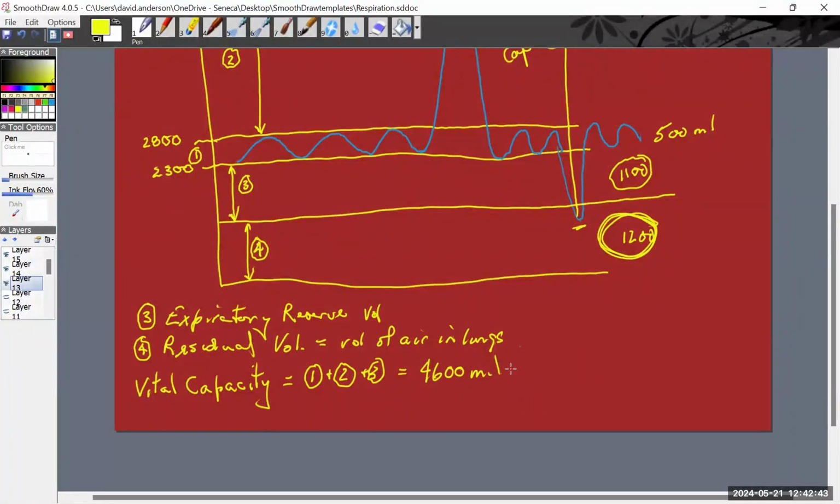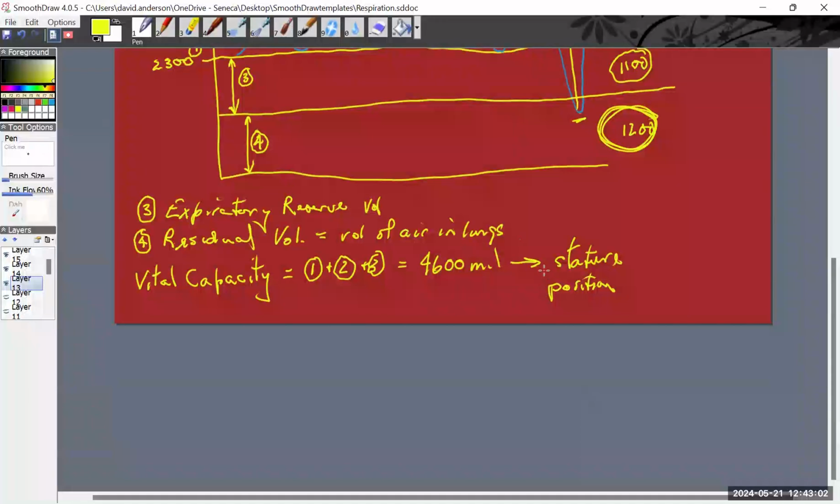And these are the factors that are going to be dependent on your stature, your position, and also the health of your muscles. So the bigger you are, the bigger these volumes would be. If you're standing or sitting, you're going to be able to influence how much you can breathe in or out.